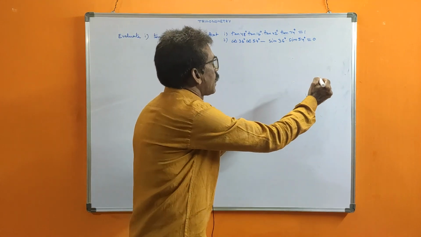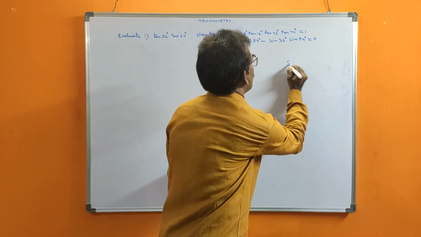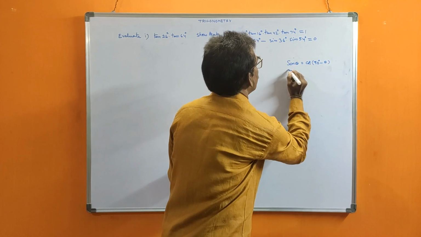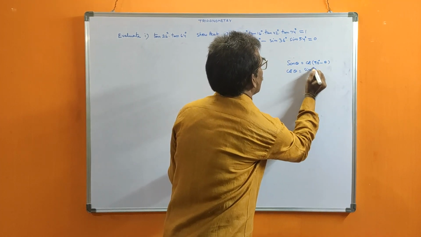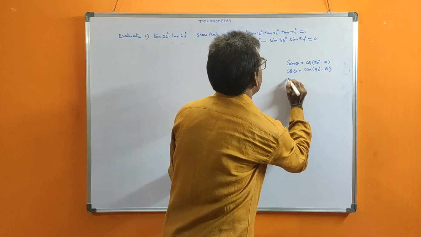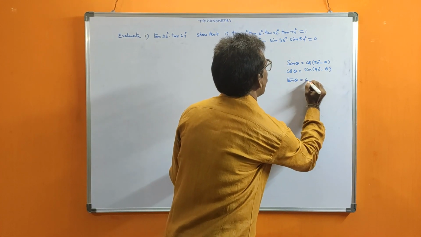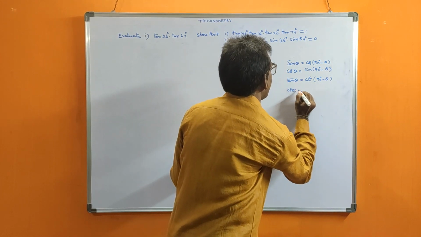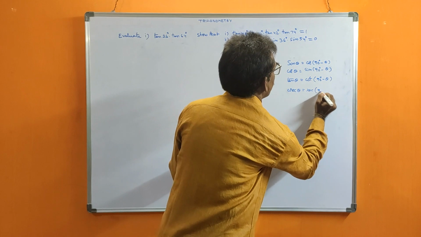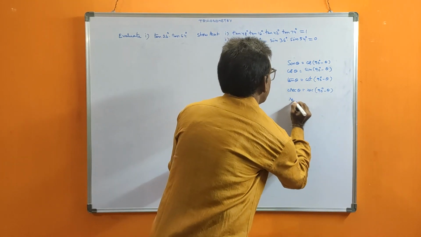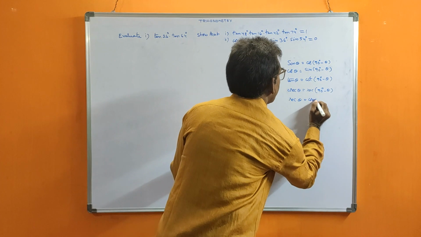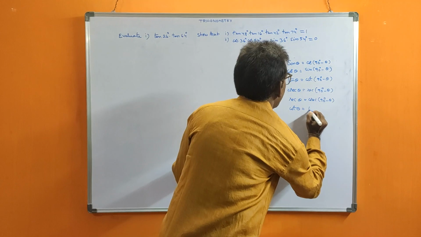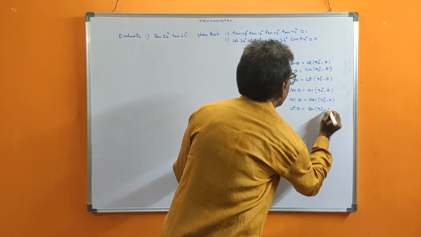Okay, now already I wrote the formulas: sin theta is equal to cos 90 minus theta, cos theta is equal to sin 90 minus theta, tan theta is equal to cot 90 minus theta, cosecant theta is equal to secant 90 minus theta, secant theta is equal to cosecant 90 minus theta, cot theta is equal to tan 90 minus theta.